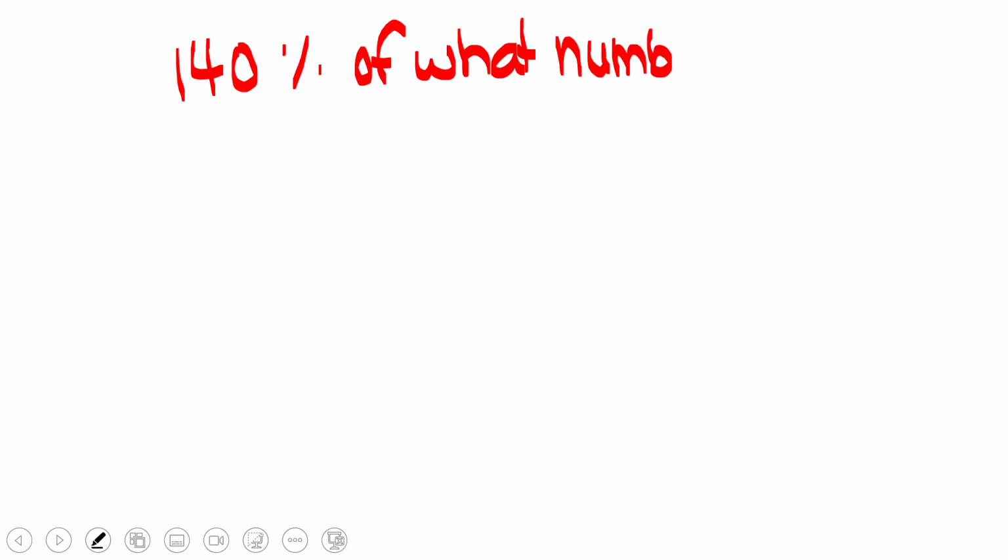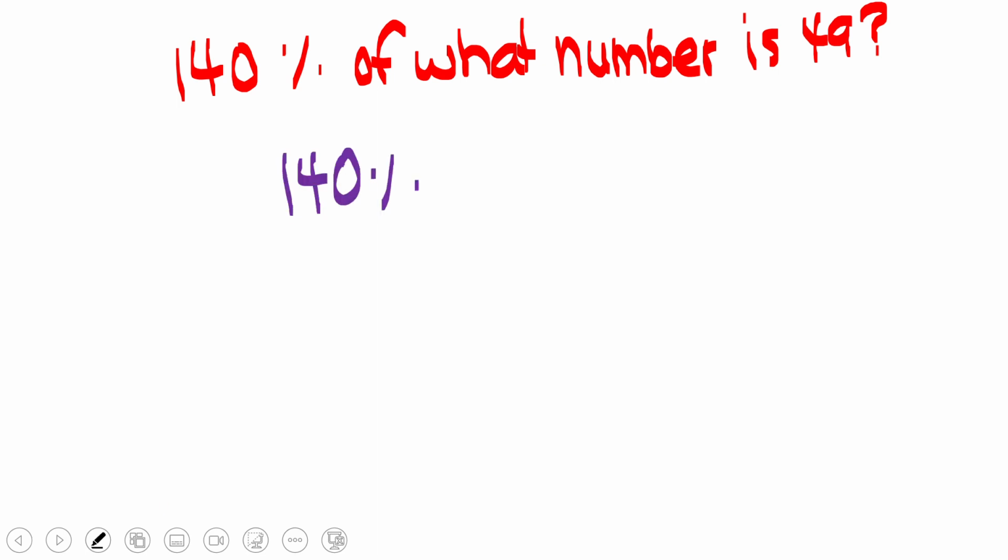Okay, another example, 140% of what number is 49. Okay, so if we think about the percent times the whole equals the part, here's our percent, 140% of what number times the whole equals the part.